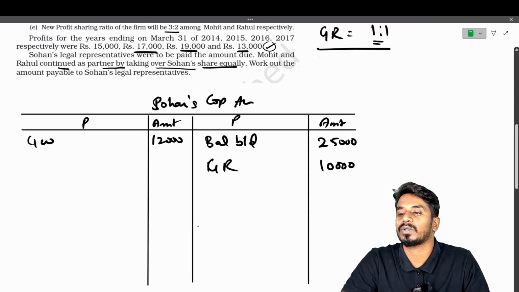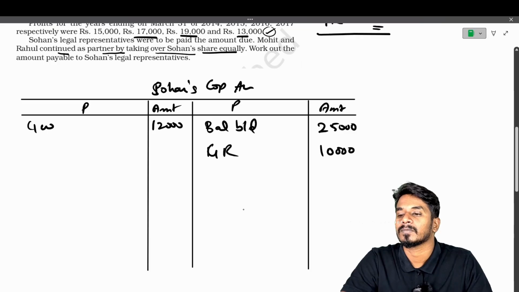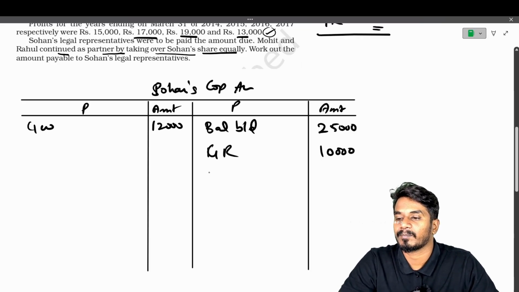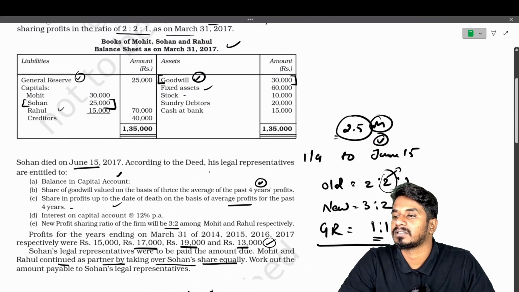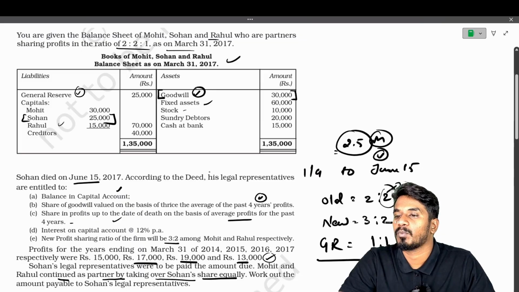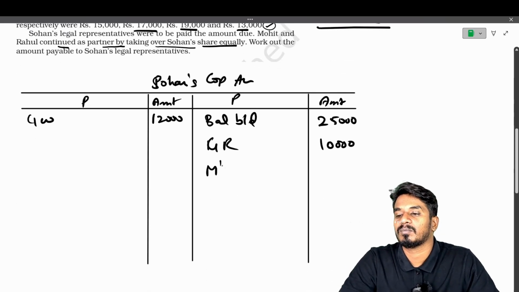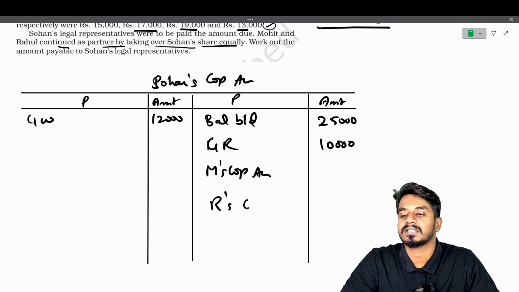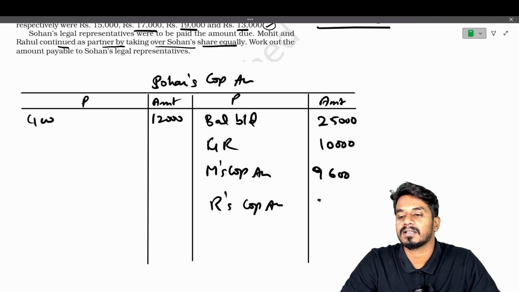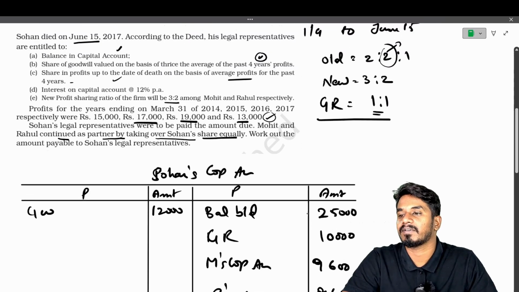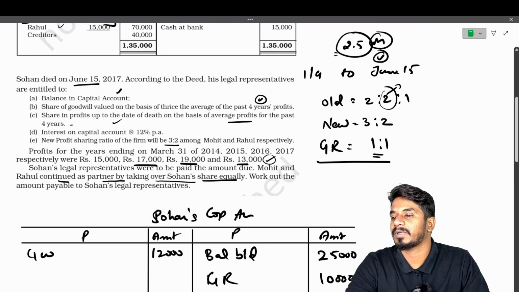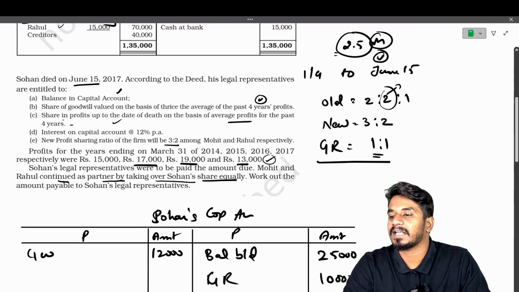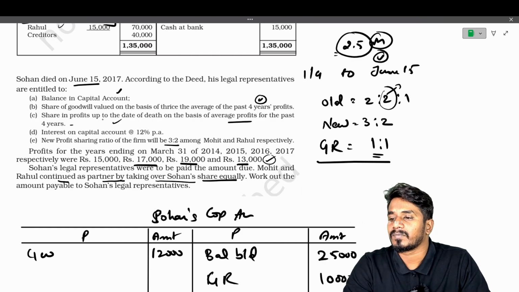How will we show it in the partners' capital accounts? Mohit's capital account and Rahul's capital account, 9,600 each.